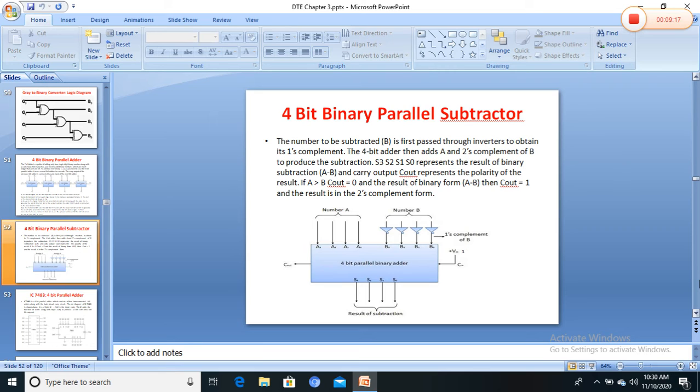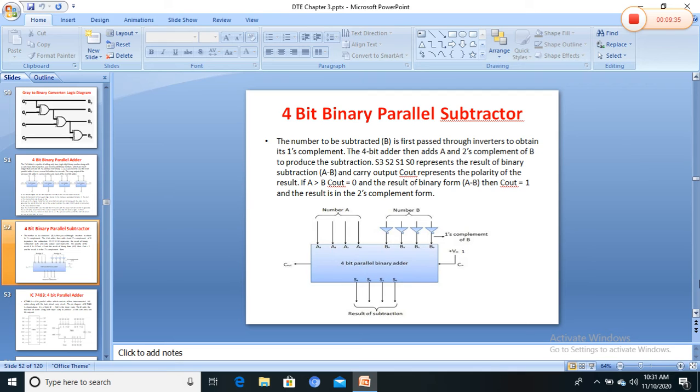If A is greater than B, Cout is 0, and the result is the binary of A minus B. Otherwise Cout is equal to 1, and the result is in the 2's complement form.